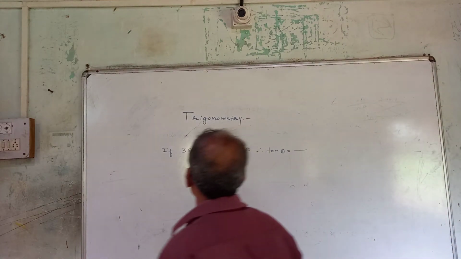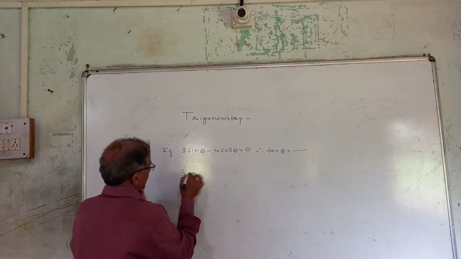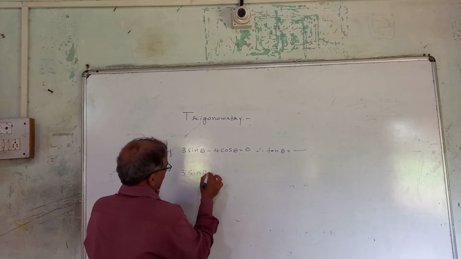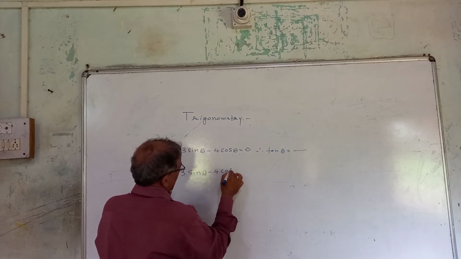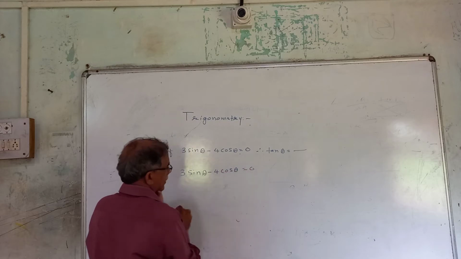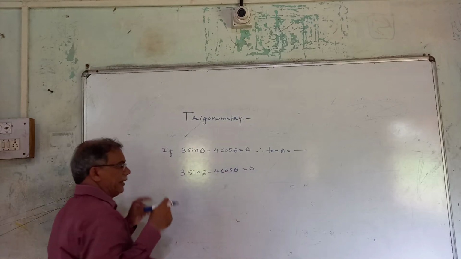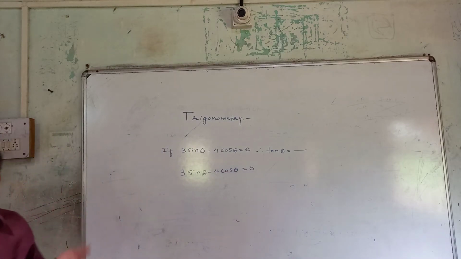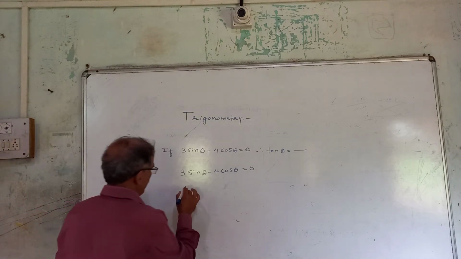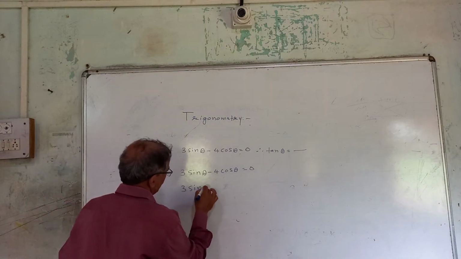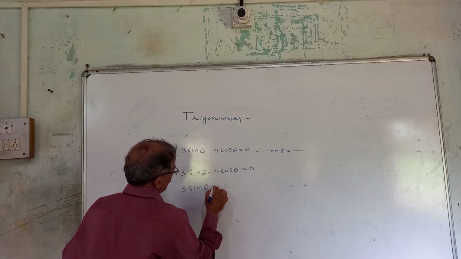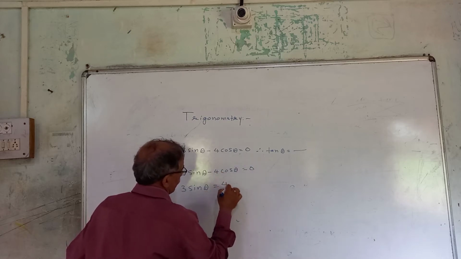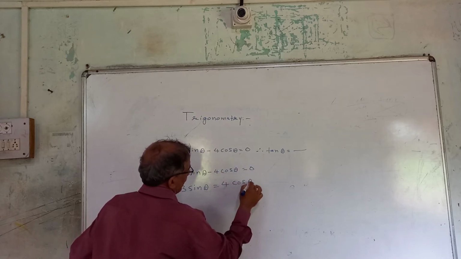So what can we do? Now see, we are given 3 sin theta minus 4 cos theta is equal to 0. This is given, isn't it? And we can write a ratio if they are on both sides of the equality sign. So what we can do? 3 sin theta is equal to 4 cos theta.